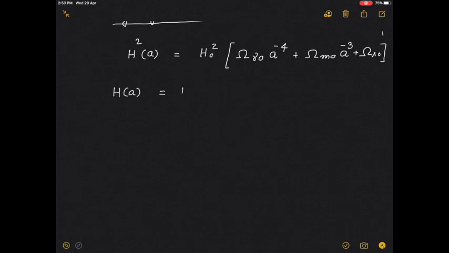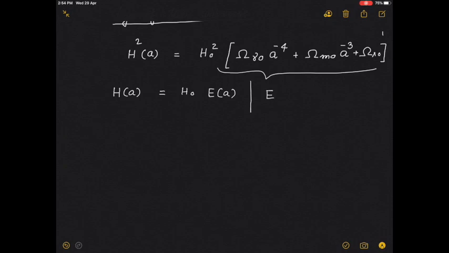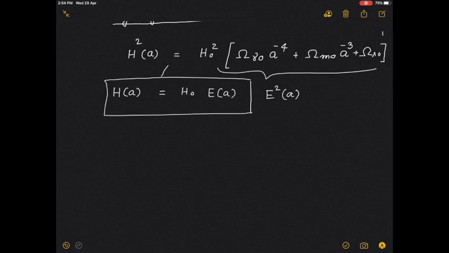This is always written as H of a equals H naught, and the square root of this entire thing is written as E of a. So this is essentially E of a squared. This is a shorthand of the same expression, and I will show you that this shorthand is useful. E of a is dimensionless, as you can guess.